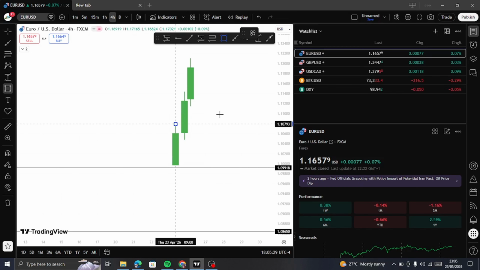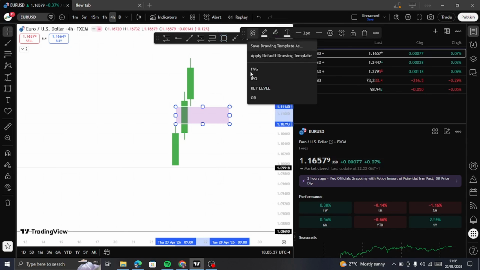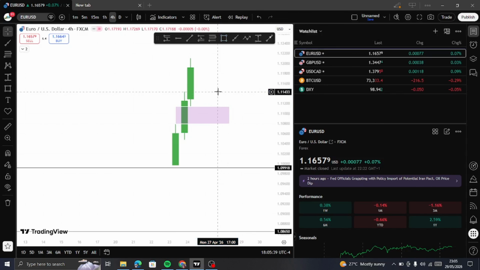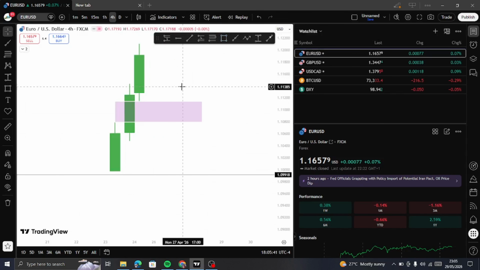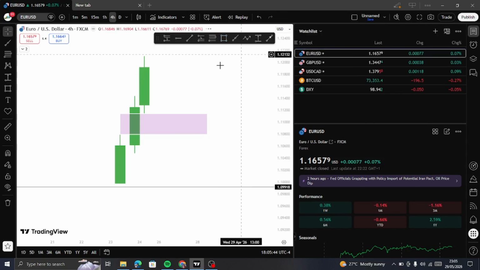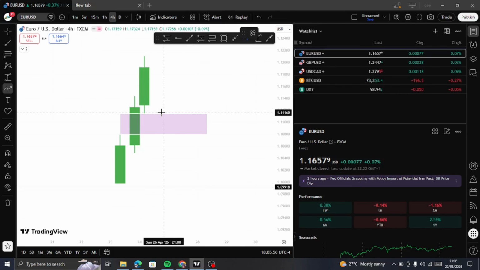So you drop your fair value gap from the top of the week candle to the third one up. So two ways to trade fair value gap. Maybe have a CRT low down here.